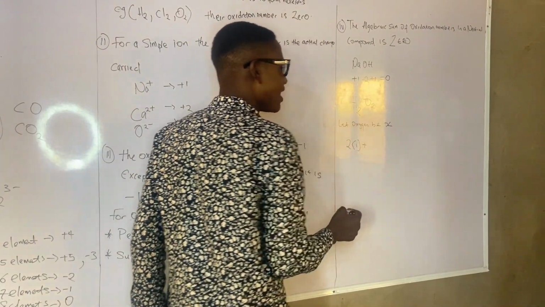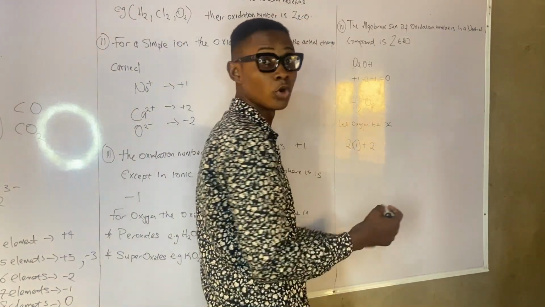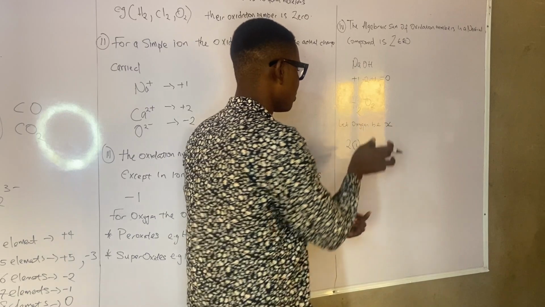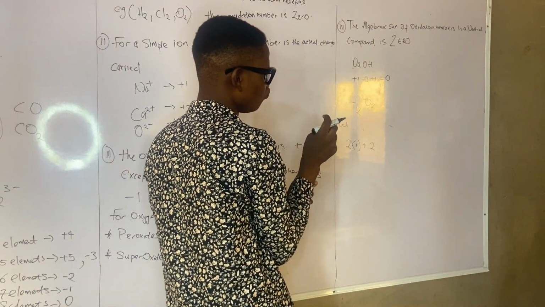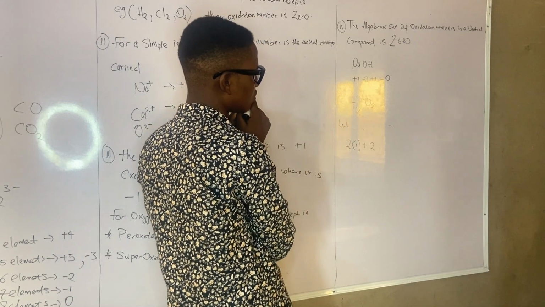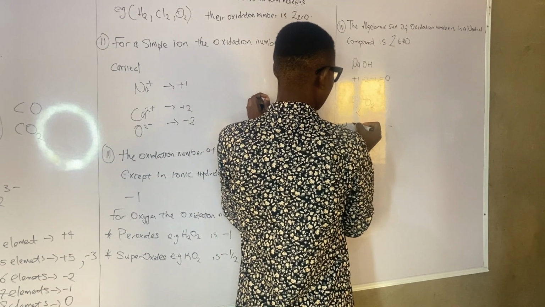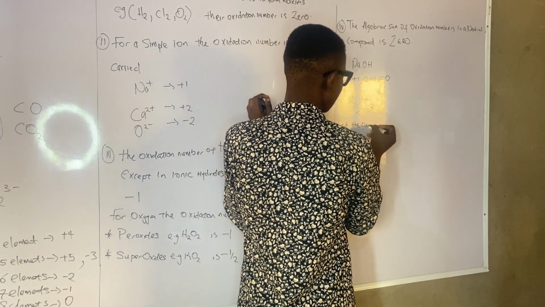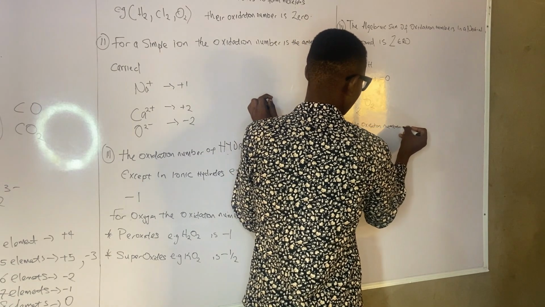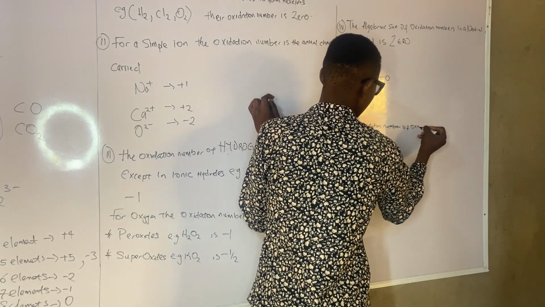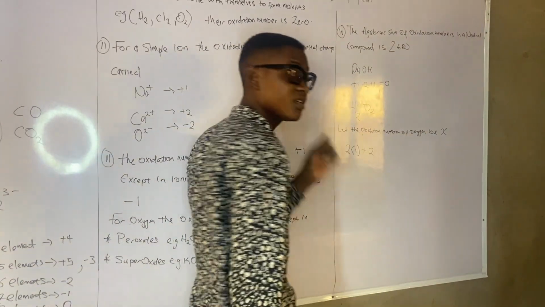Plus, how many atoms of oxygen do we have here? We have 2, and the oxidation number is unknown. Let the oxidation number of oxygen be X. You understand now?